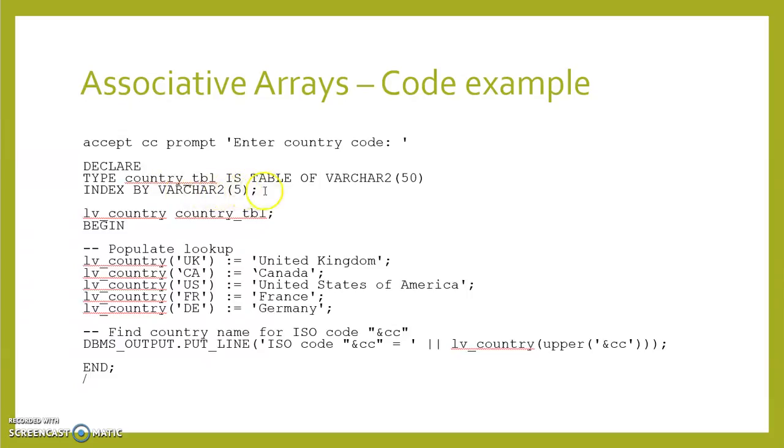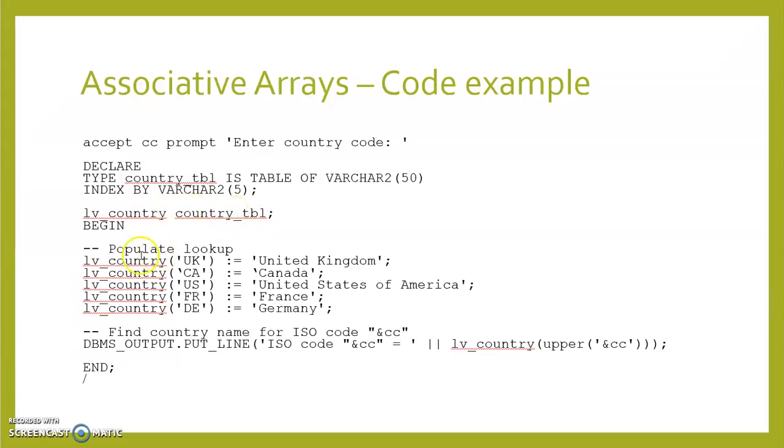In this one, I've declared that the value is a VARCHAR2, maximum length of 50, and the index, or the key, is a VARCHAR2, maximum length of 5. And then I just declare a local variable of that type that I just defined.